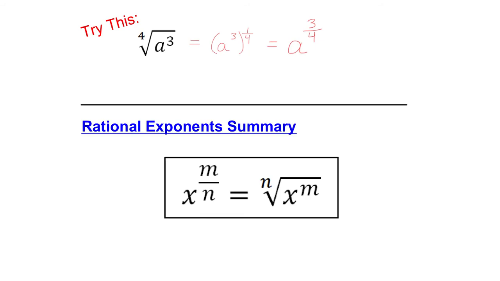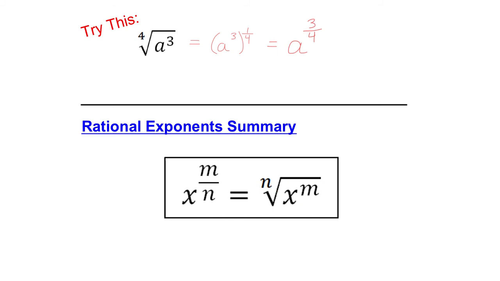So here's my summary of rational exponents. Remember, rational, the root of the word is ratio, which refers to a fraction. So a rational exponent is an exponent that is a fraction. Okay, so if I have a power with a rational exponent, I can switch between exponential form and radical form like this.